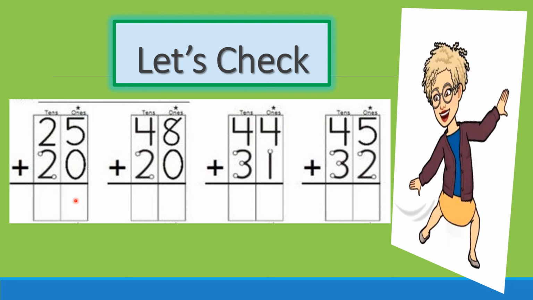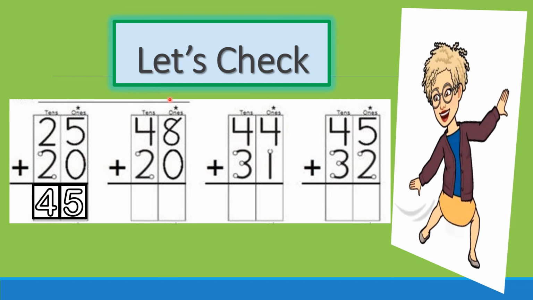So the sum here is 5. Now let's count on to find this sum. 2, 3, 4. So we found that 25 plus 20 equals 45.